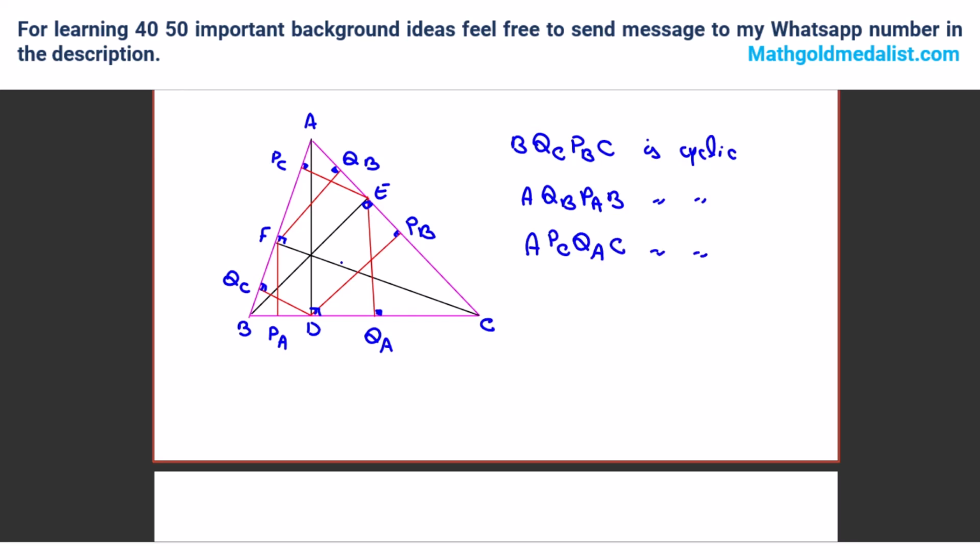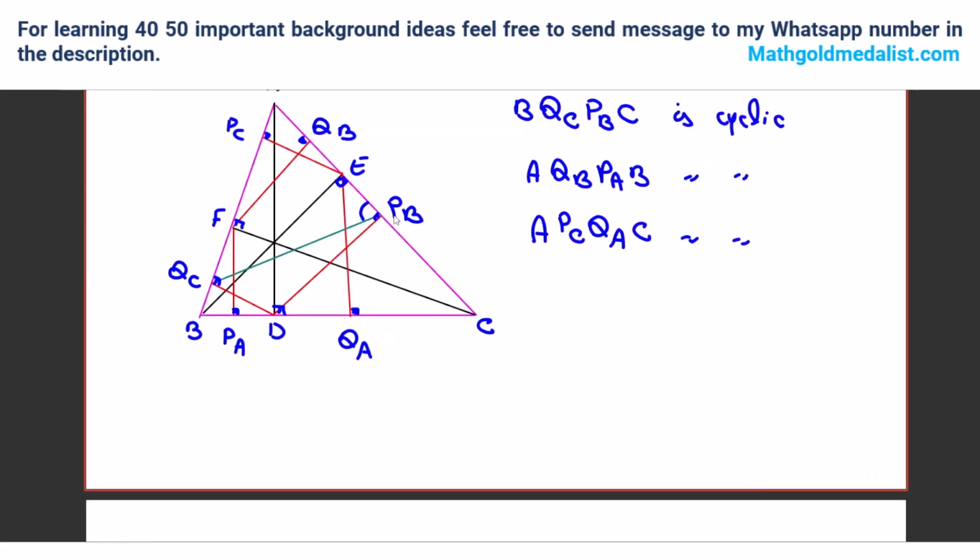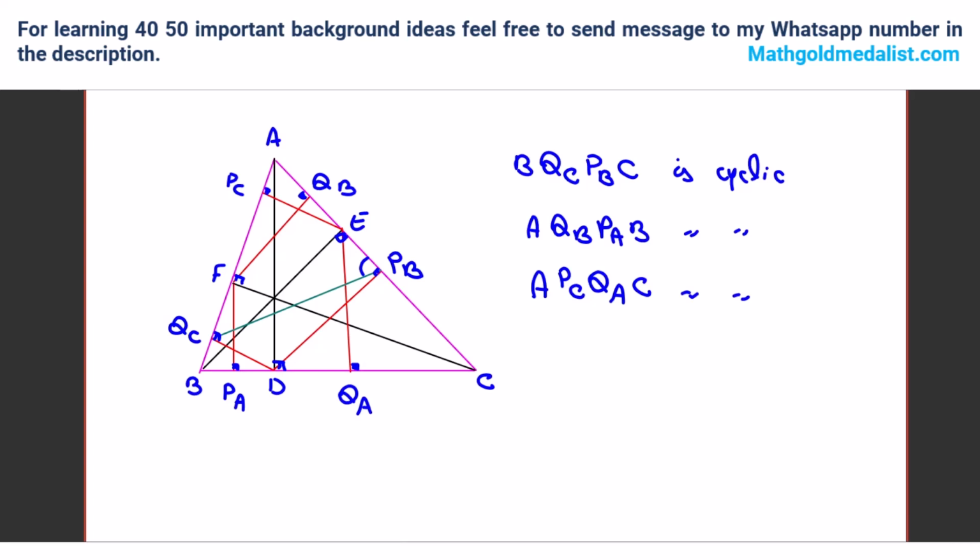Now use these cyclic quadrilaterals and try to prove, for example, 4 of them are cyclic. Can you prove 4 of them are cyclic or not? Okay. You can use some angle chasing because then, for example, you can connect. Let me connect with green. You can connect this one, right? And then you can say this angle is what? This angle is what? That angle QCPB.